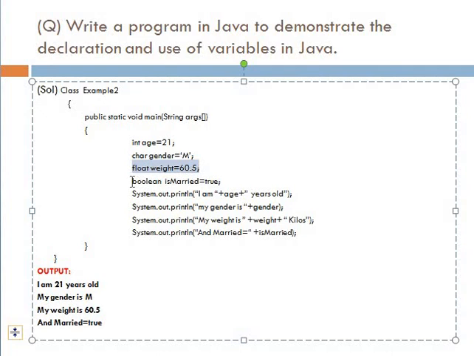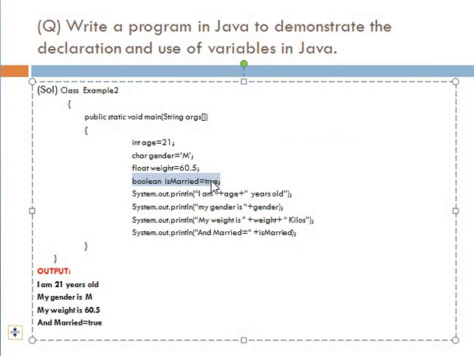Then come to the next statement. It says boolean isMarried equal to true. Now in this statement the value true has been assigned to the variable called isMarried. Now remember that values such as true and false are boolean values, because true represents 1 and false represents 0.